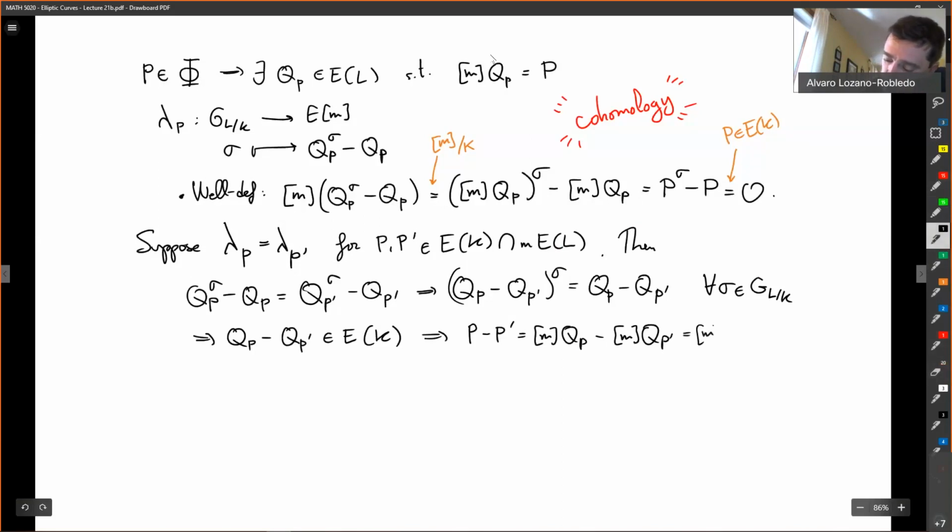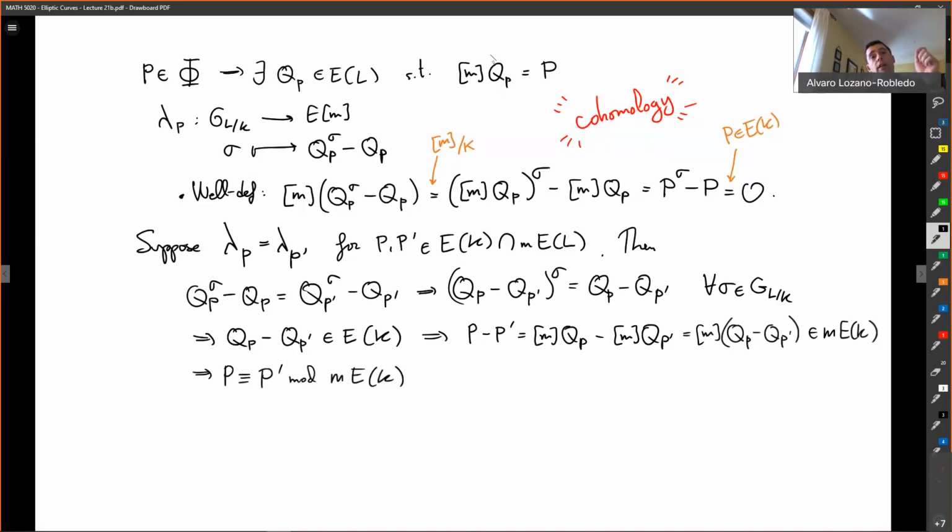So if I do a common factor of QP of the multiplication by M, then you see that we've proved that QP minus QP prime is in EK, so this would actually be in MEK. But then that tells you that because the kernel is modulo MEK, P would have to be congruent to P prime modulo MEK.